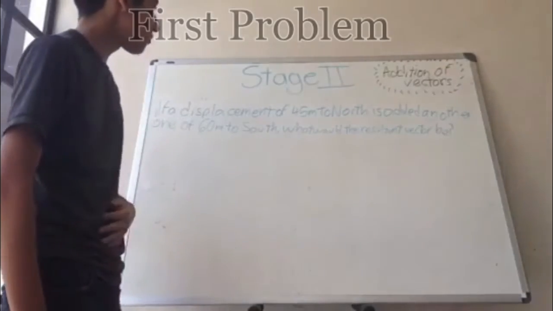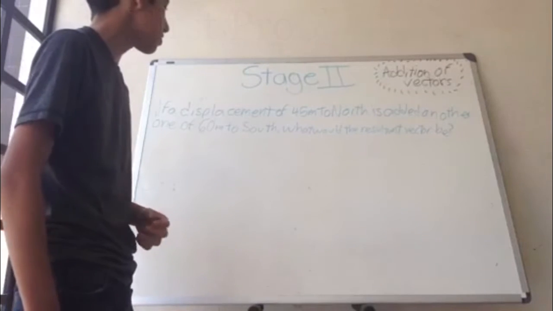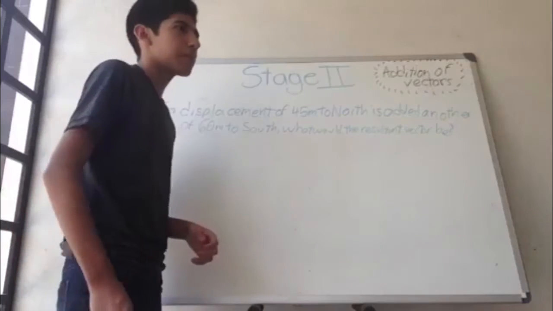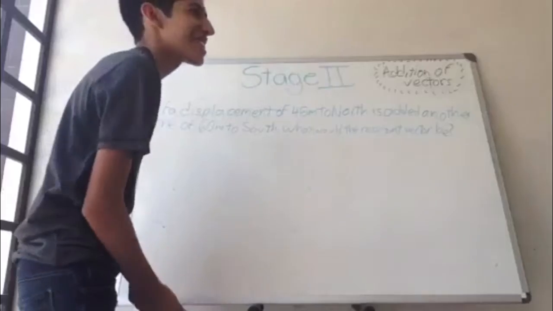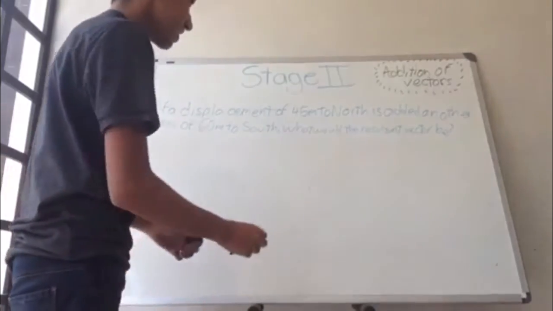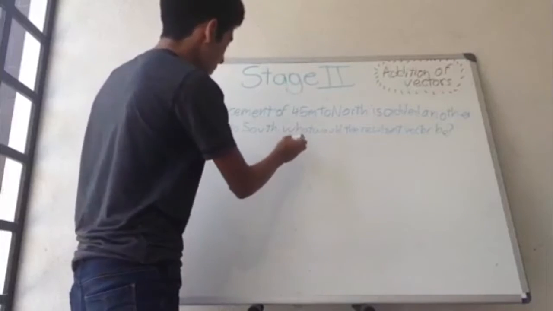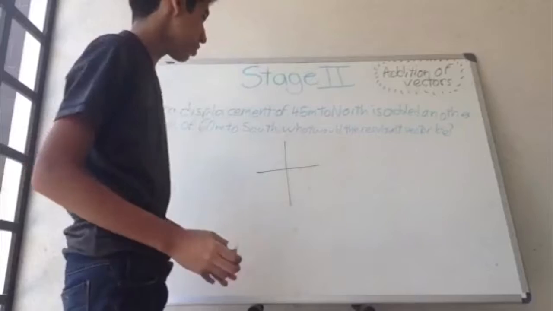If a displacement of 45 meters north is added to another one of 60 meters to south, what would the resultant vector be? Black marker, please. Thank you. These kinds of problems are very easy. What we have to do is first draw a graphic.